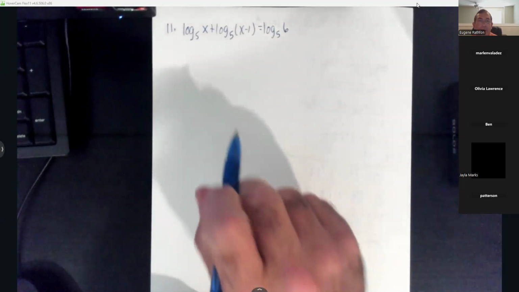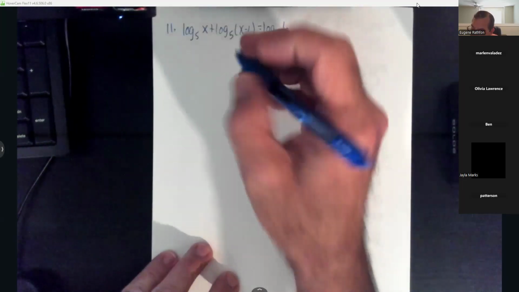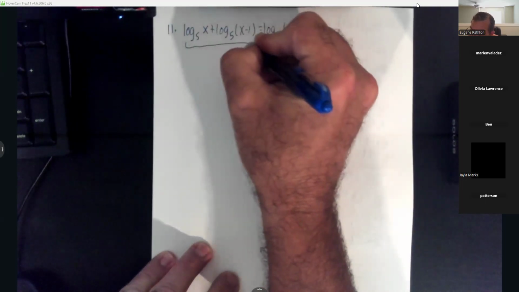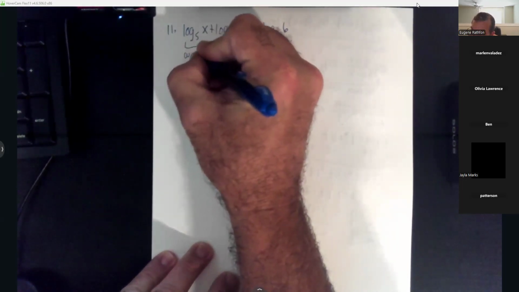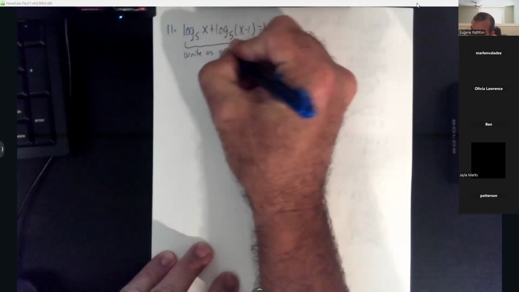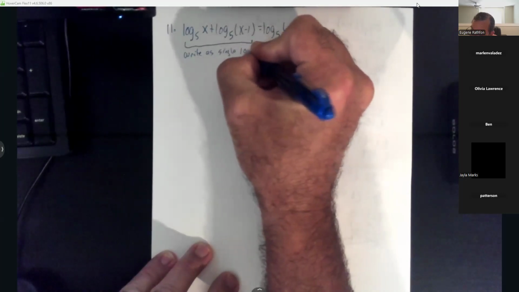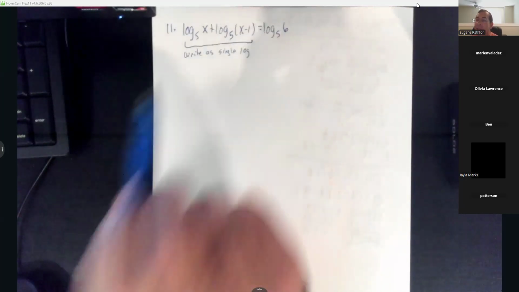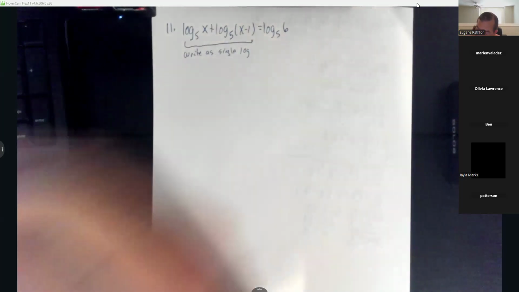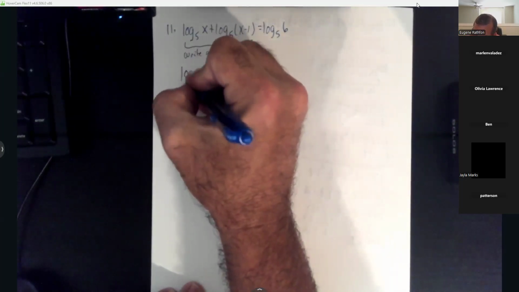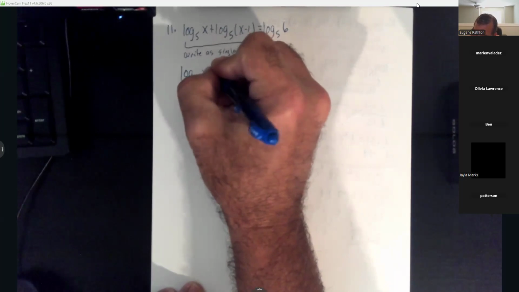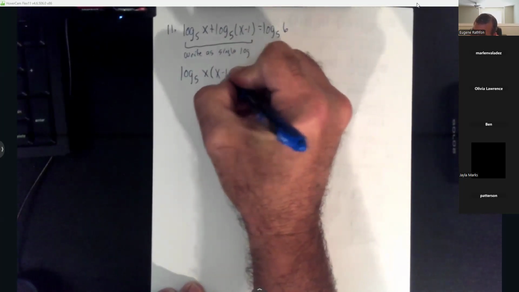All righty, so the first thing on here, we got 2 logs on the left side. We need to write that as a single log. So notice this time they're being added, so we'll write it as a product. So we'll bring down our log 5, and we'll have x times (x minus 1).